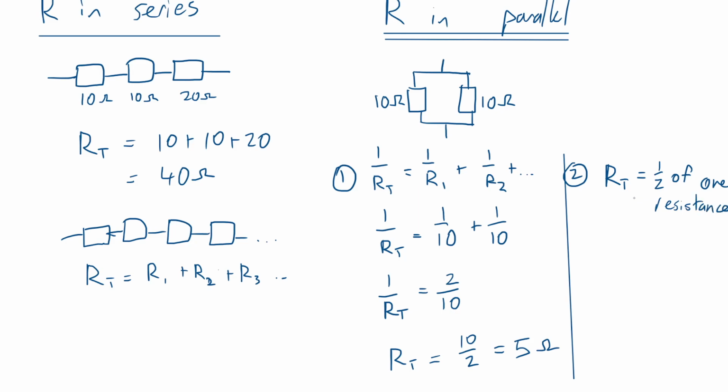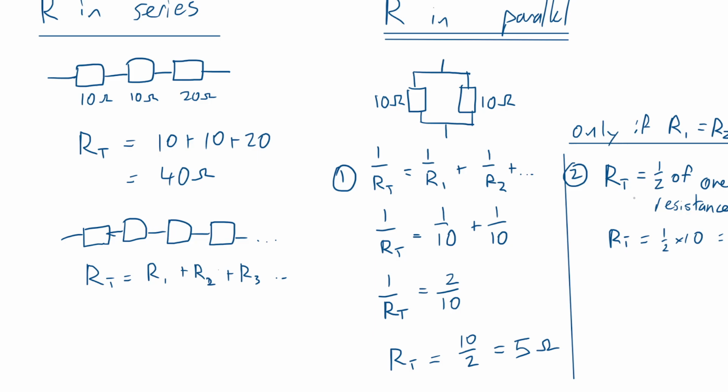In this case, it would just be half of 10, which is 5. Which is off screen, but you know, it's there. That's only if R1 equals R2, so keep that in mind.